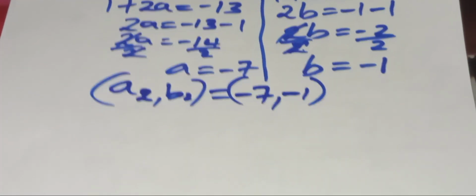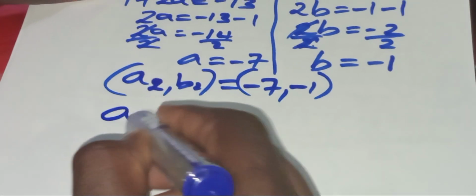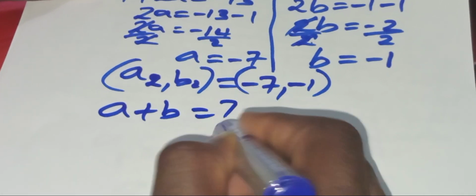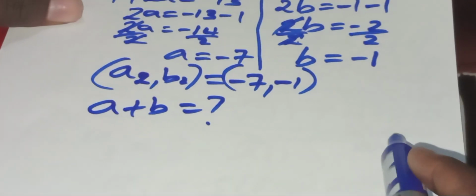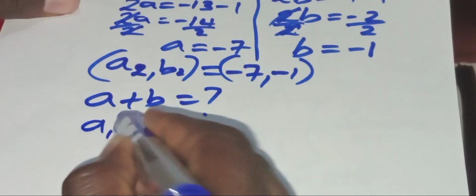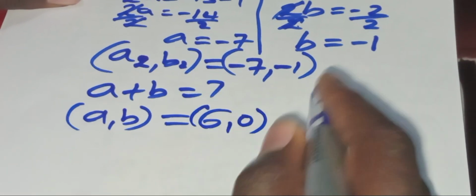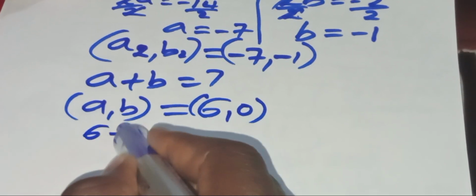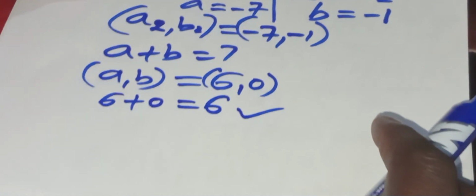Okay. Now, the question here is, what is a plus b? From our first set of a and b, we found 6 and 0. So if you say 6 plus 0, this is equal to 6. That's the first solution.